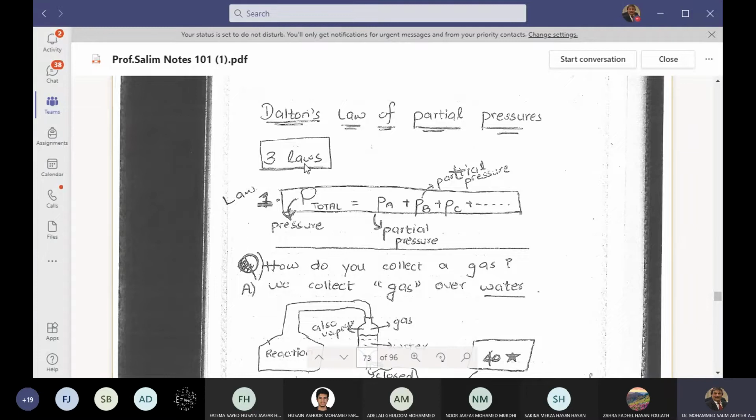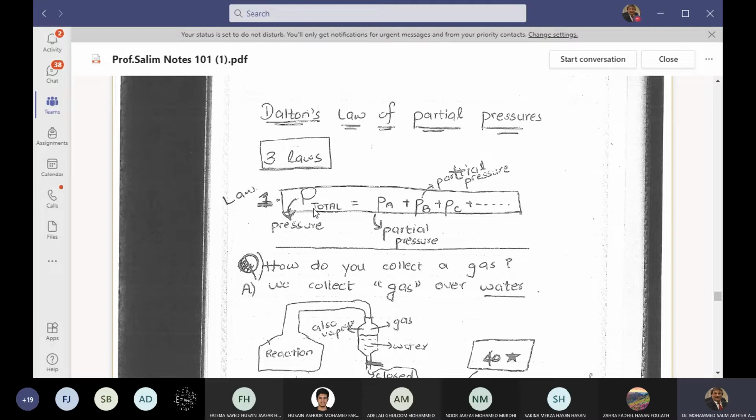There are three laws given by Dalton. Dalton is the name of the scientist. Law number one is very simple. If I ask you what the pressure in Bahrain is today, you can use your telephone and find out.